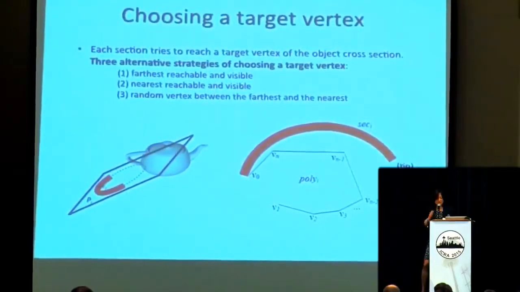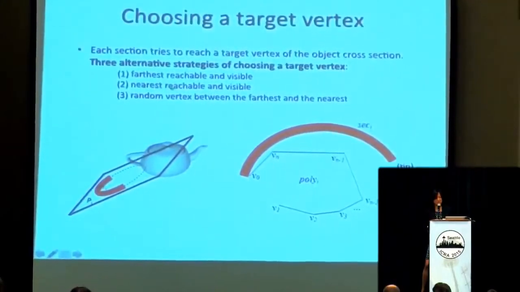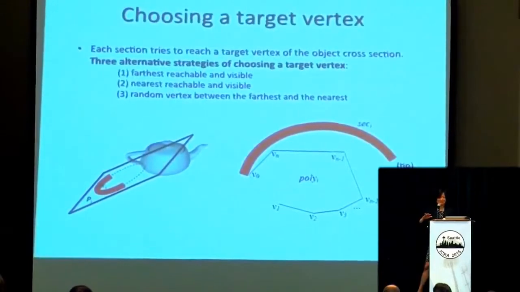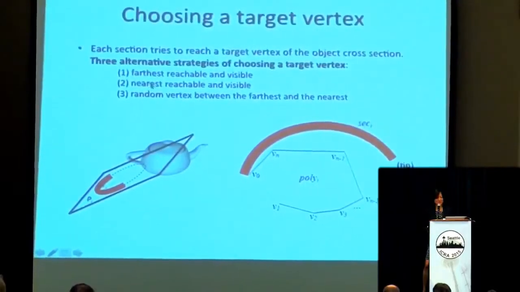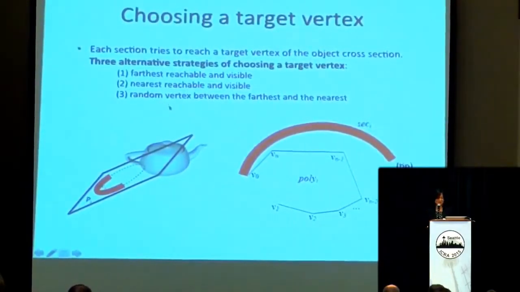For each arm section, we use different strategies to reach its target vertex, from the very greedy strategy of trying to reach the furthest reachable and visible vertex on the cross-section of the object for this arm section, to the much more conservative one, always trying to reach the nearest visible vertex, and some random vertex in between.